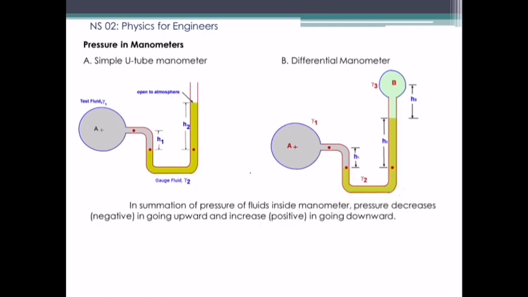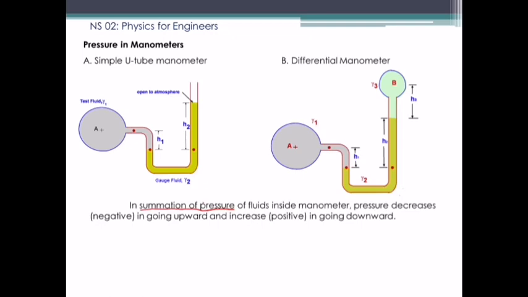In finding the pressures inside manometers, we will use the concept of the summation of pressures. In the summation of pressures of fluids inside a manometer, we equate the pressures to 0, and we use this concept, class: pressure decreases, or is negative, in going upwards, and increases, or is positive, while going downwards.